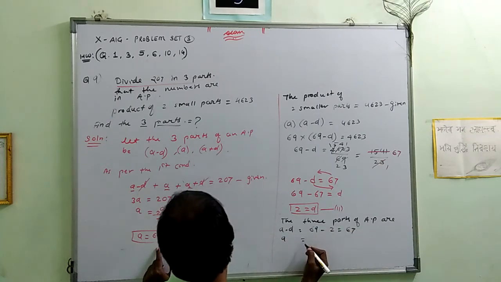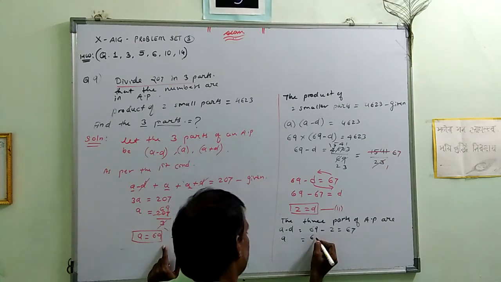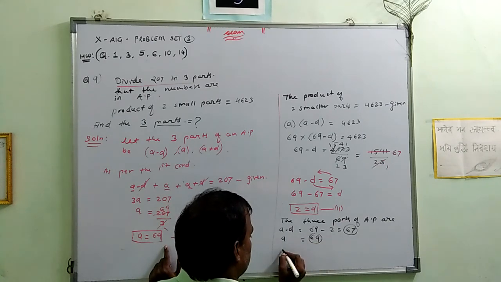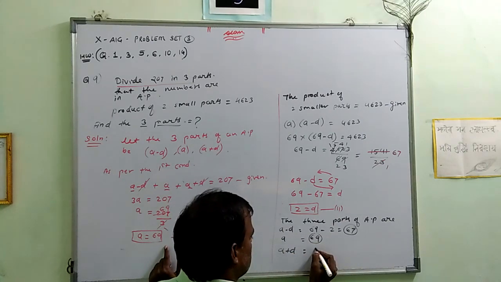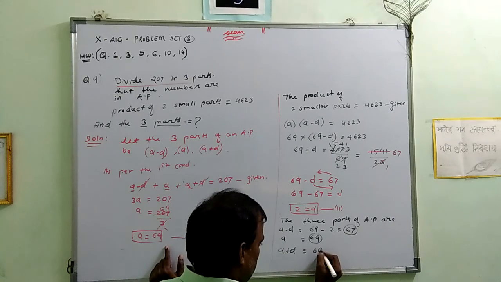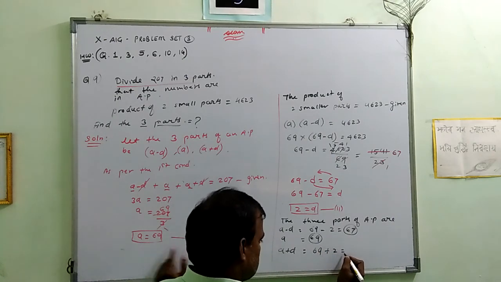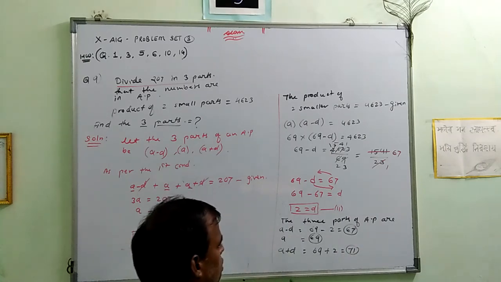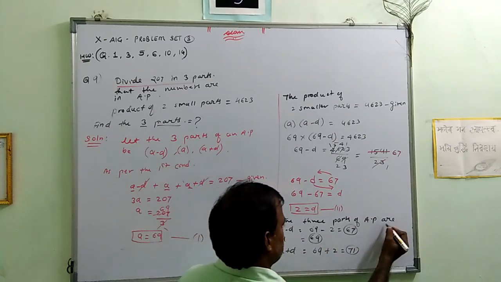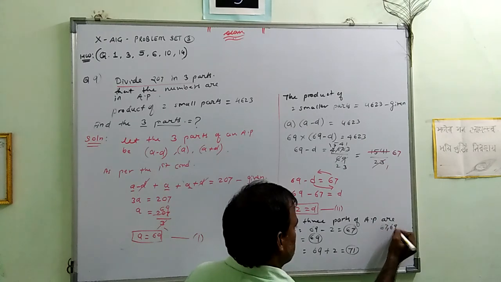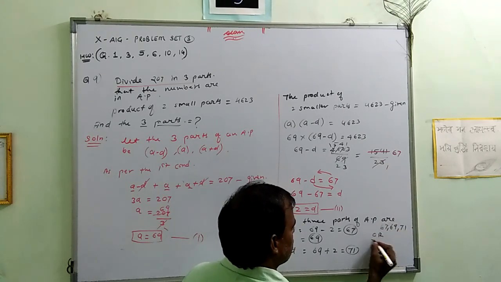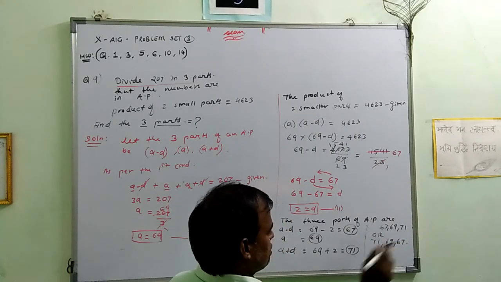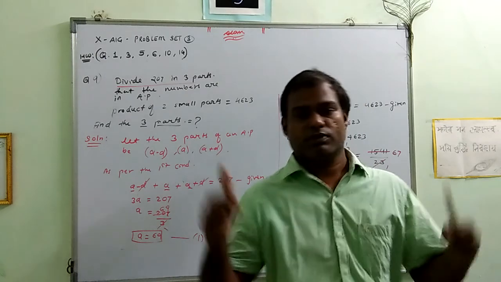Then A is 69. A plus D, that is 69 plus 2, that is 71. So 67, 69, 71 or 71, 69, 67. These are the numbers on the list.